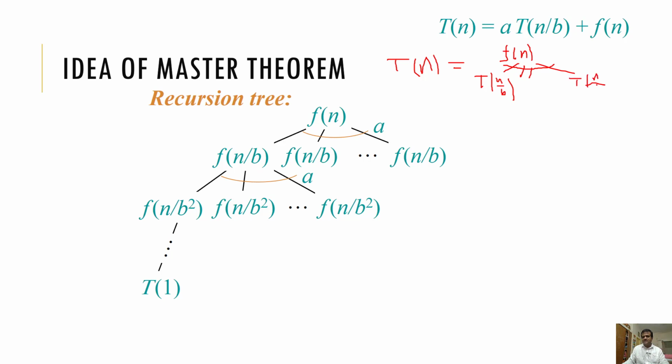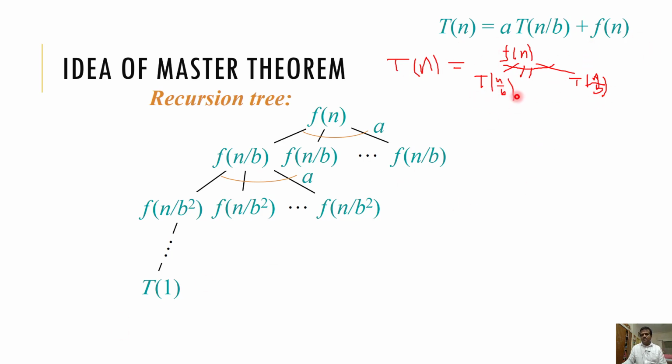So that is a typical divide and conquer runtime. We have a problem of size n, we divide this problem into a many subproblems, each of this size. So Tn is basically the sum of all this.